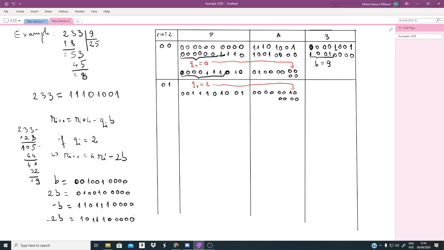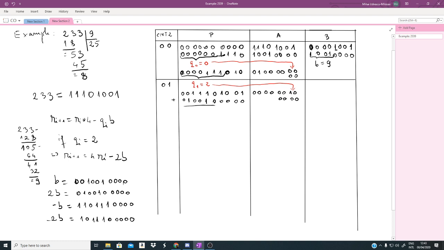Okay, so we'll have to add 2b here. So we add 2b, which is 0, 1, 0, 0, 1, and then 5 zeros.